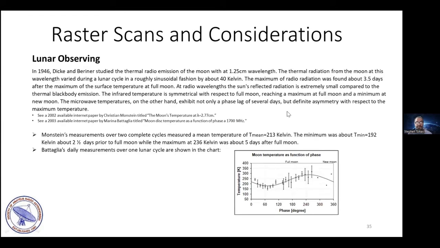There are some very interesting papers on lunar observing. With the moon, you're picking up the black body temperature, but that doesn't mean it's not interesting. There's a couple of papers I quoted here from the internet. One's by Christian von Stein, who I believe is a SARA member too, and one by Marina Battaglia. I looked at their papers, and there's other information on the internet.